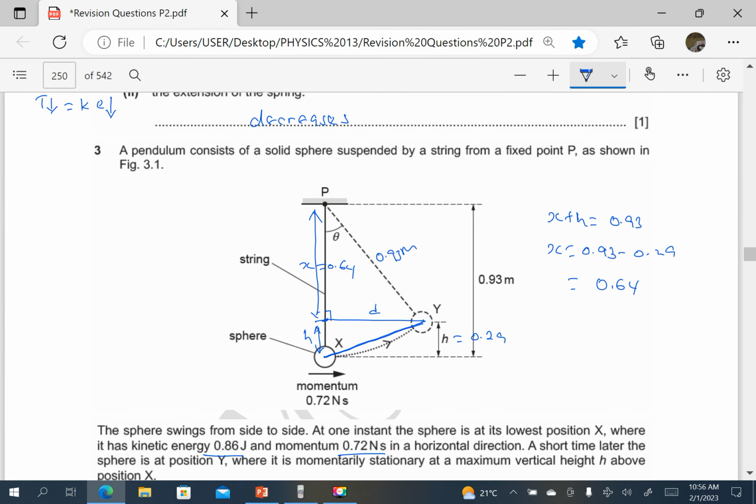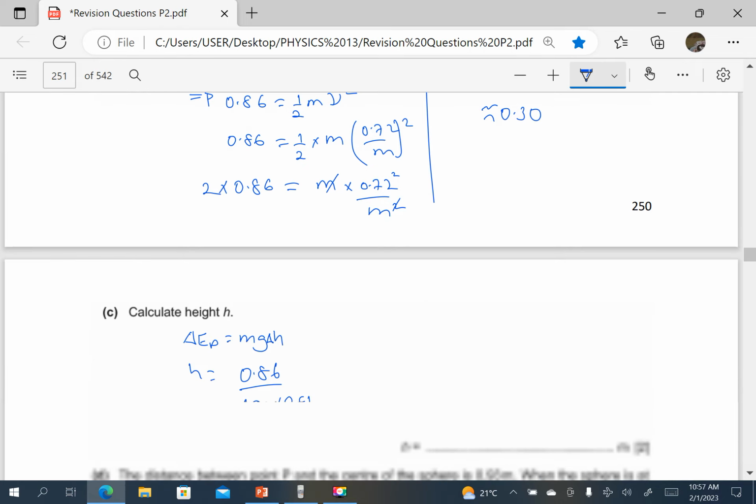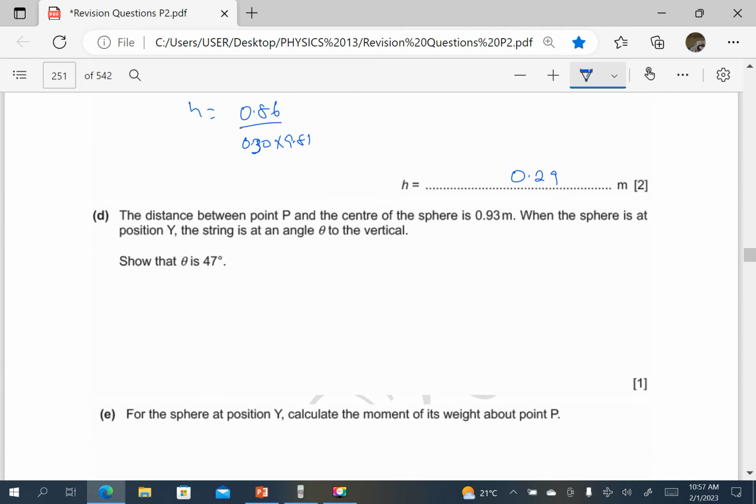Since we have this distance from P up to this point as 0.64 meters, and we have PY as 0.93, we can use adjacent and hypotenuse, and I think that is cos. Cos of theta is adjacent, 0.64, divided by hypotenuse, 0.93.